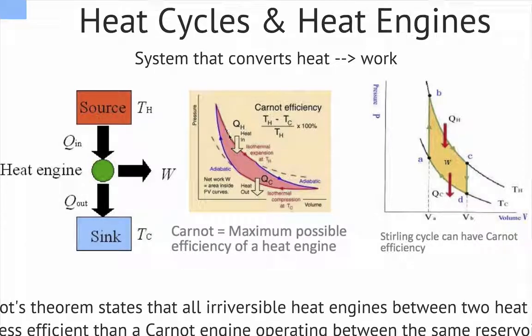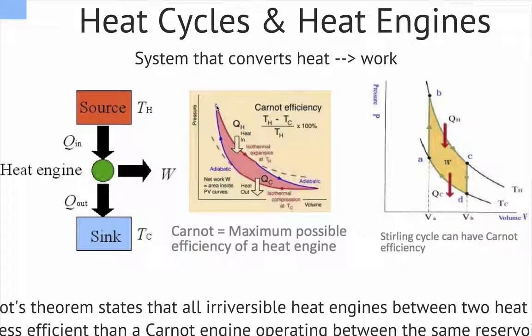So let's follow what this means. First of all, the Carnot efficiency is the same as what we saw before: the difference in temperature between the hot and the cold, divided by the temperature of the hot, multiplied by 100%. We'll see this again many times, so we'll not worry about it too much.